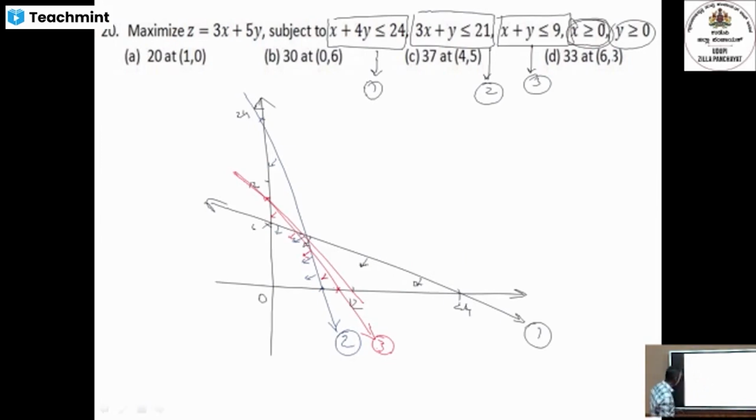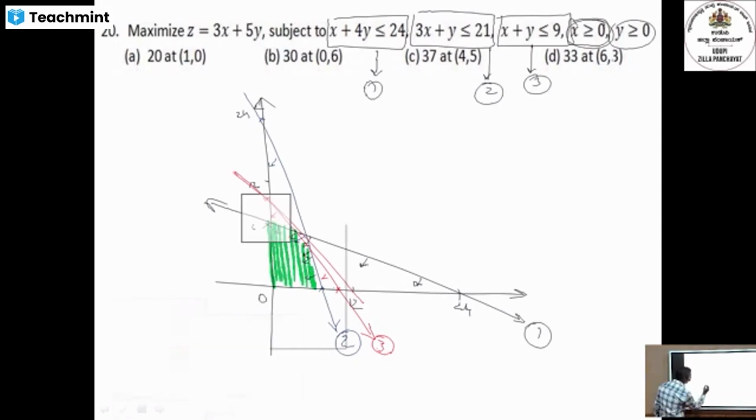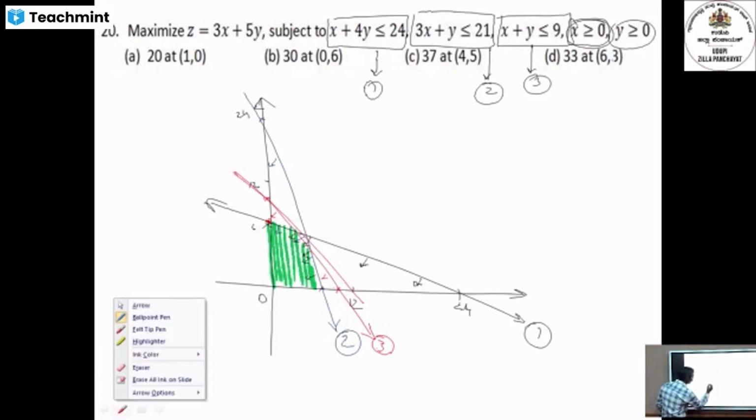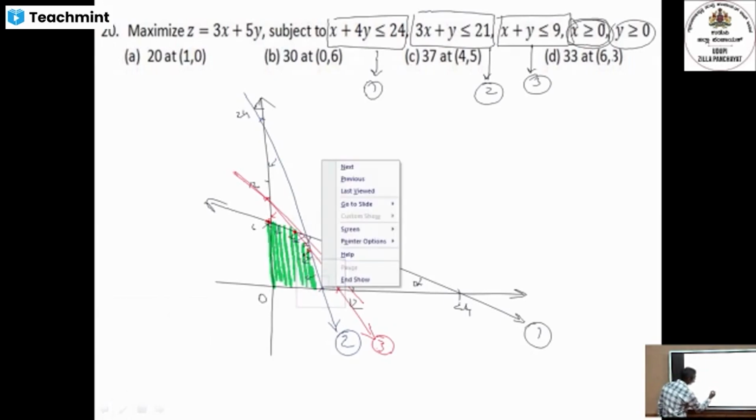Now what is the region which you have to consider? This is the region. So you can see that in this region, this is one corner point, this is the second corner point, third corner point, and the fourth corner point.